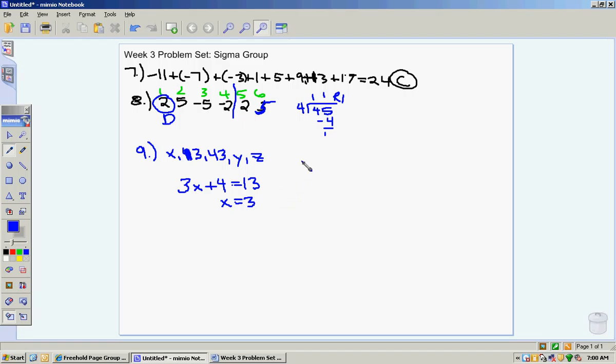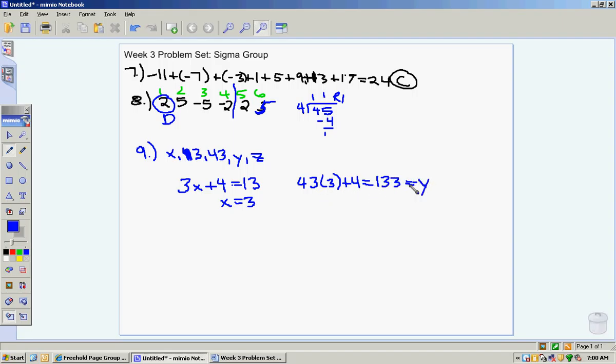So while we don't need y for our formula, we do need to find y to figure out what z is going to be. So we can take 43, multiply it by 3, and add 4, and that's going to give us 133, and that's what y is. And then we're going to do the same thing with 133.